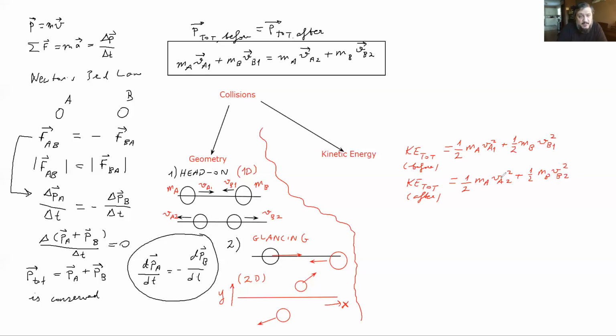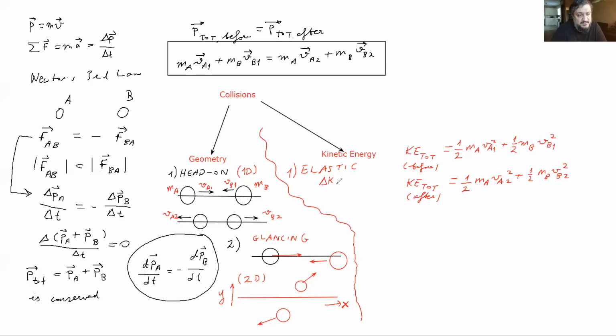VB2 squared. Now, if these two are equal to each other, we call this an elastic collision. So one, elastic collision, that's when these two are the same.